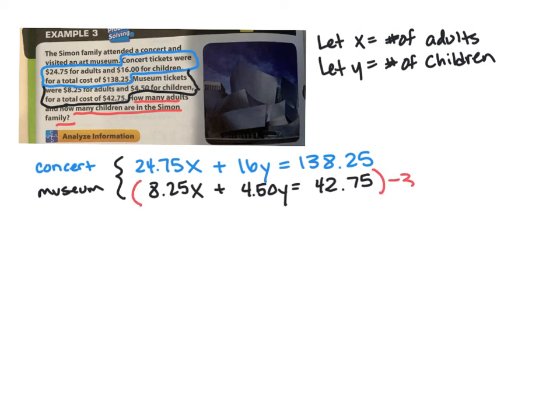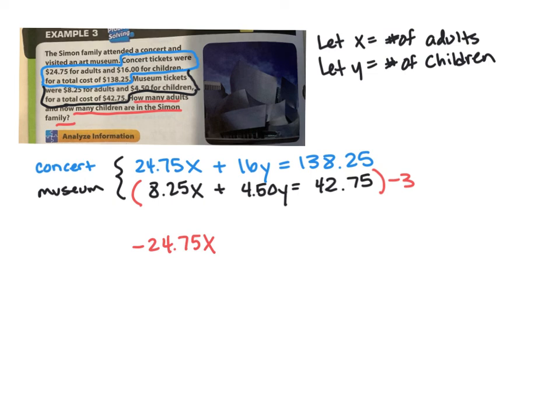We're going to multiply every term in that equation times negative 3. So 825 times negative 3 is going to give me negative 2475x. I have this positive 450y times negative 3, so we'll do positive 450 times negative 3.